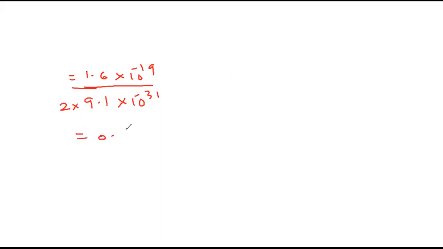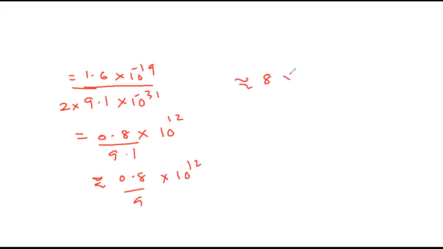What was the value? I will tell you now, see. e means what? 1.6 into 10 raised to minus 19, charge of electron. Mass is 9.1 into 10 raised to minus 31. 2 into, because it was 2m. So I can write this as 0.8 into 10 raised to 12 upon 9.1, approximately 0.8 upon 9 into 10 raised to 12.